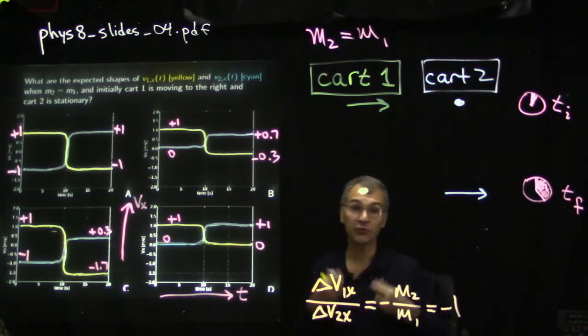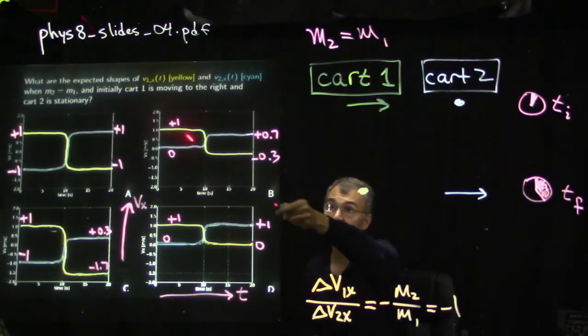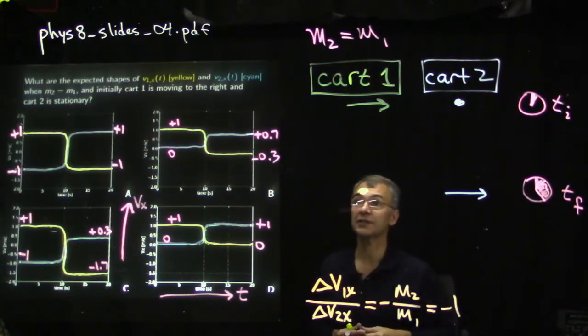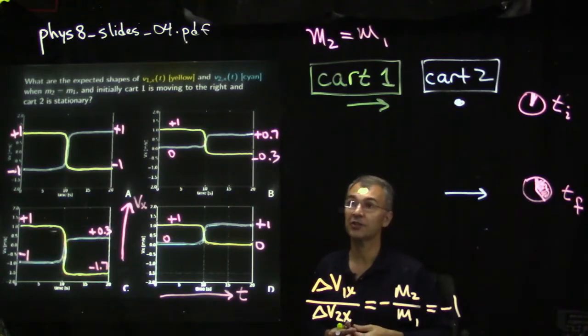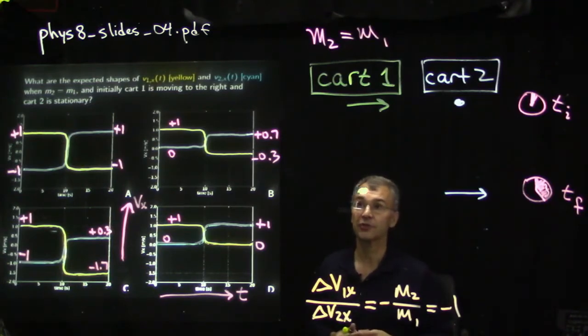So the changes do indeed have opposite sign, but it looks like the change for cart 1 is twice as big, approximately, as the change for cart 2. That would only make sense if cart 2 had twice the mass of cart 1. But we said that the two carts have the same mass, so we can rule out B. Seems like we're going to want D here.